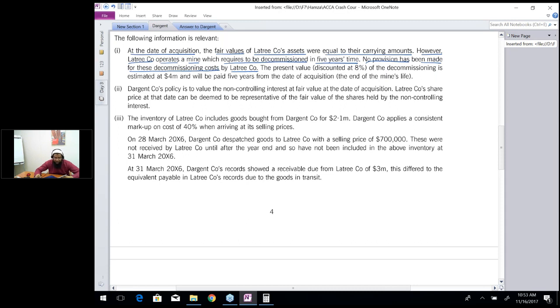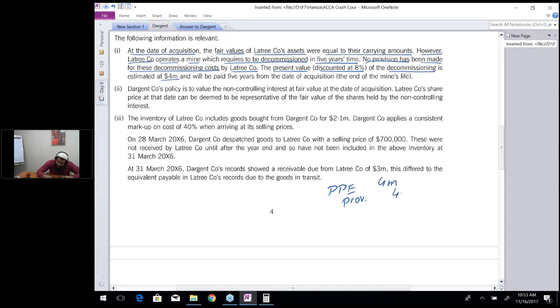So if we record the provision, the entry should be property, plant and equipment debit and the provision credit. The question has not recorded the property, plant, equipment and the provision. The present value discounted at 8% of the decommissioning is estimated at $4 million.